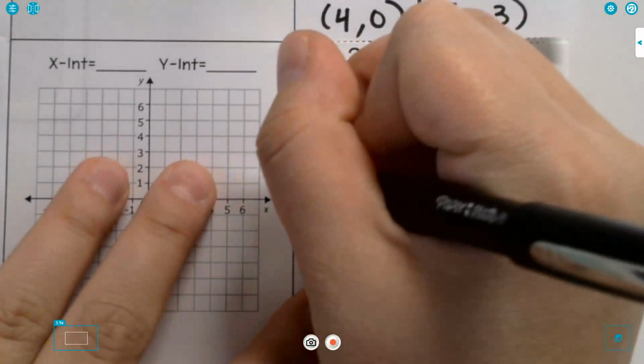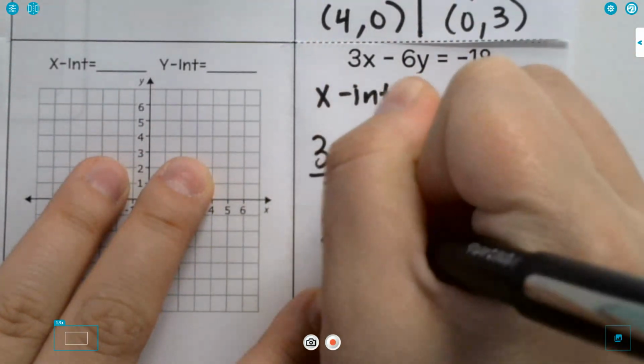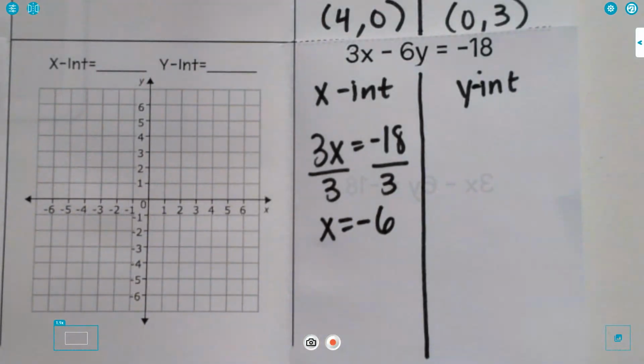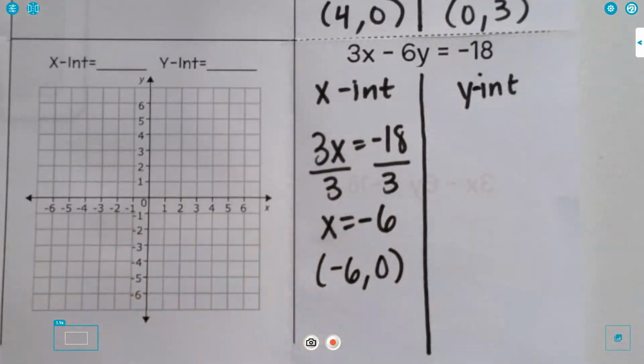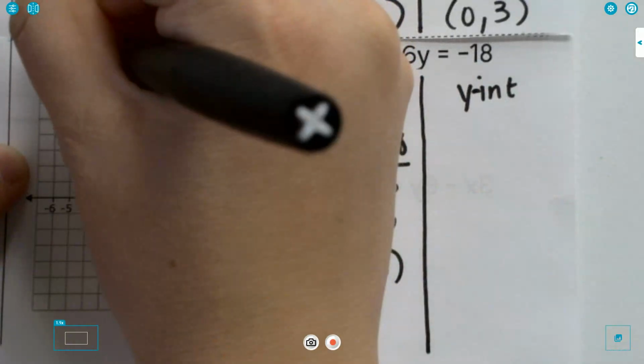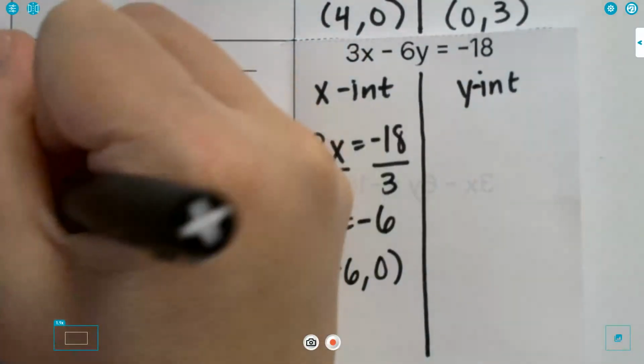I solve that. So I divide by 3, and I get x equals negative 6, which means my x-intercept is negative 6, 0. Graph that on my graph. I'll go left 6, up 0.